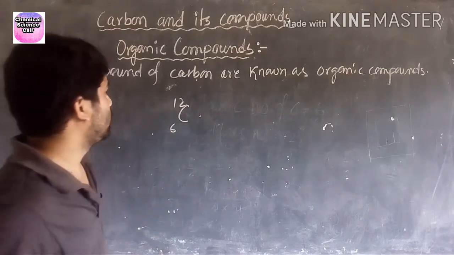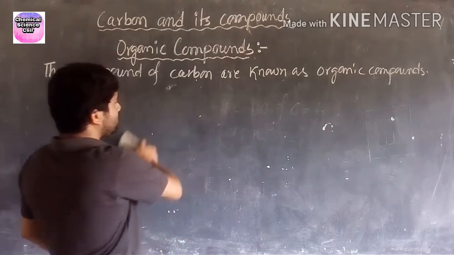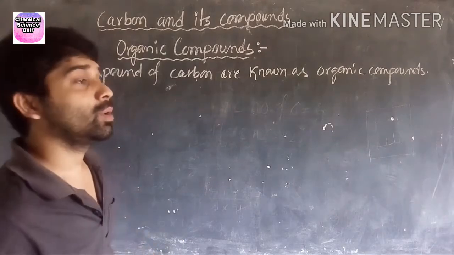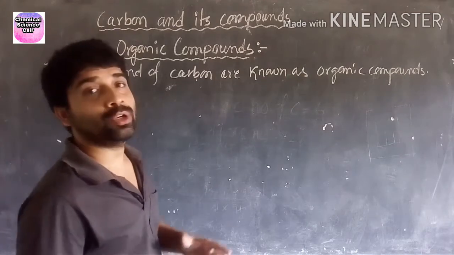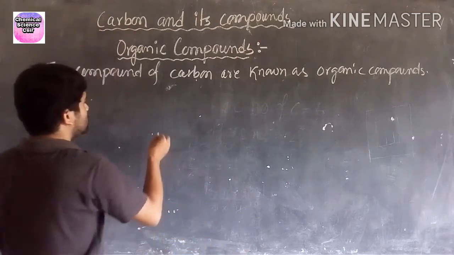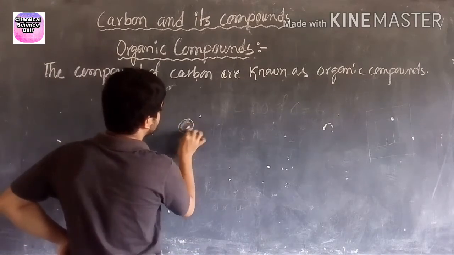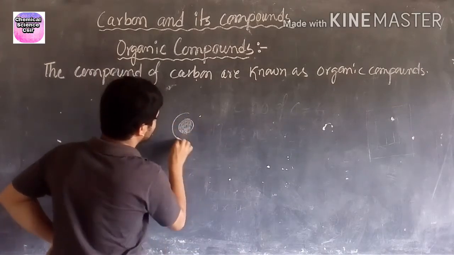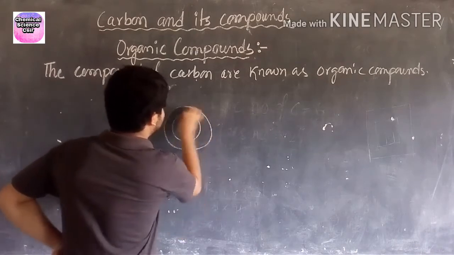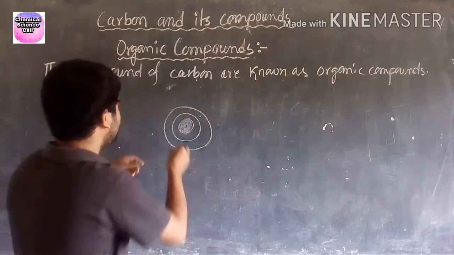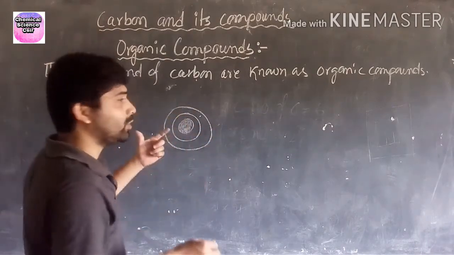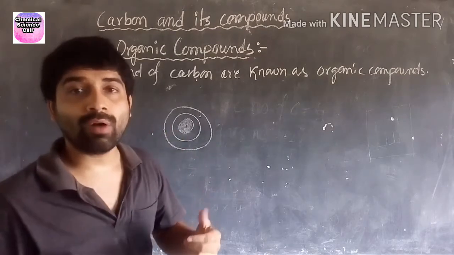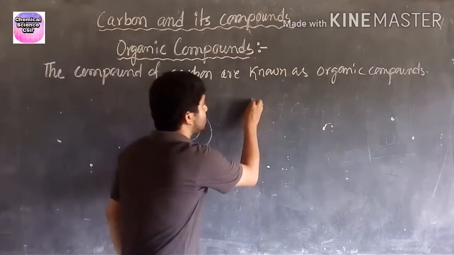Okay, so see, according to the Bohr model, what is the electronic configuration? Suppose this one is the nucleus, first shell, second shell. The atomic number of carbon is 6.